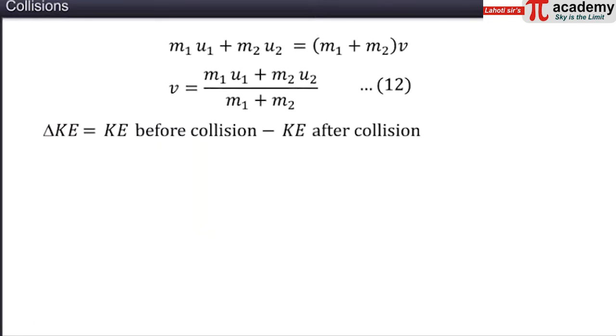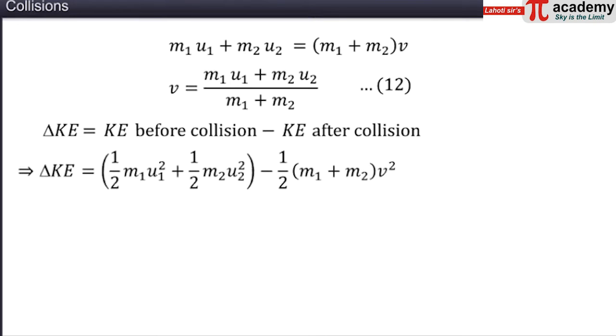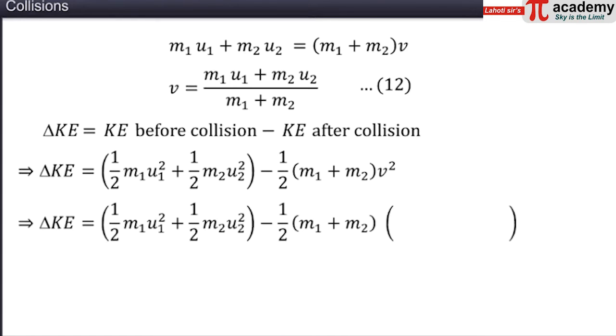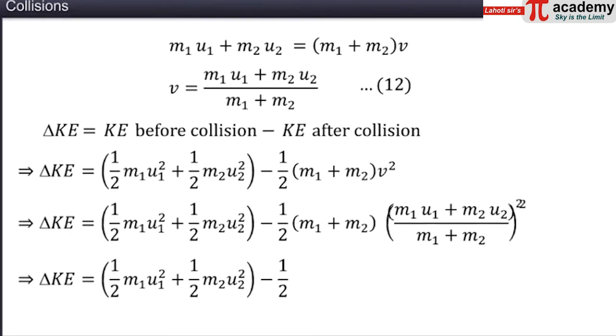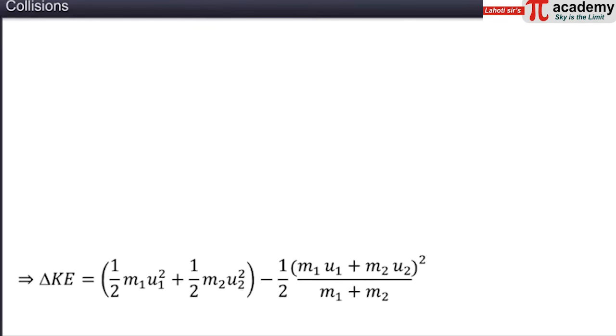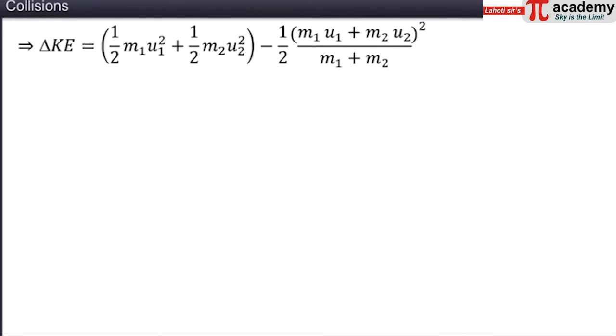The loss in kinetic energy of the system, delta KE, is equal to the kinetic energy before the collision minus the kinetic energy after the collision, which is half m1u1 square plus half m2u2 square minus half into m1 plus m2 into v square. We substitute the expression for the common velocity v from equation 12 in the expression for delta KE and simplify as shown.